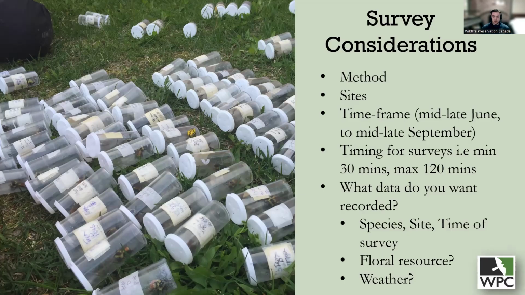When it comes to timing, we recommend late June to mid-September because this is when worker bees will be more active, and it'll make bees easier to find than just relying on trying to locate queens in the spring. Again, that late June to mid-September period is what we do in our existing programs.